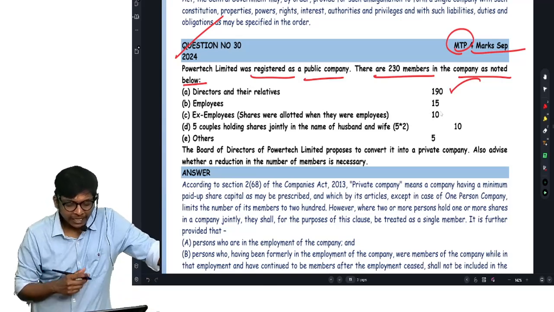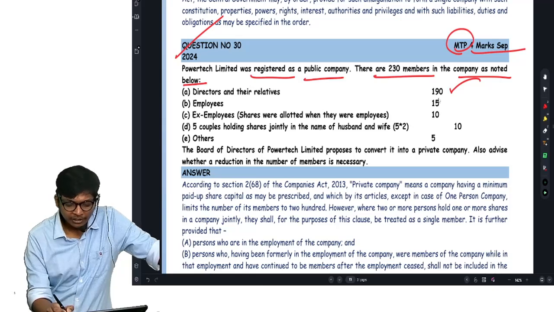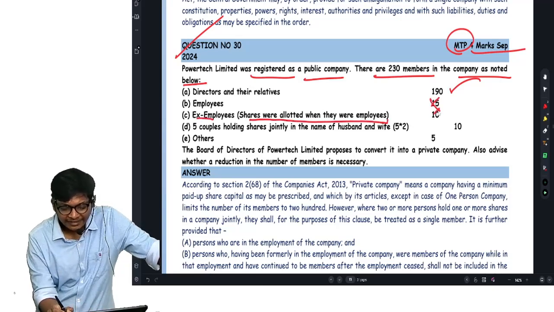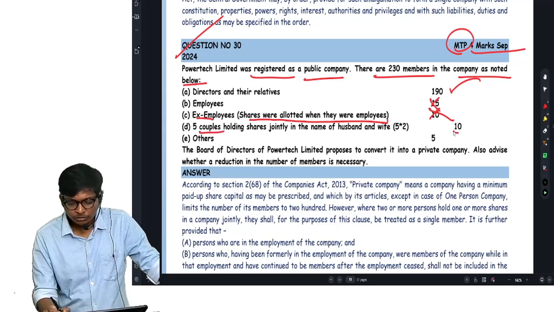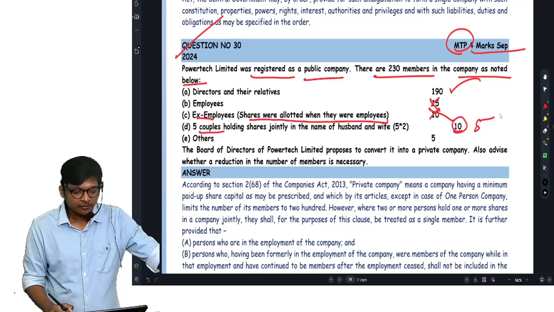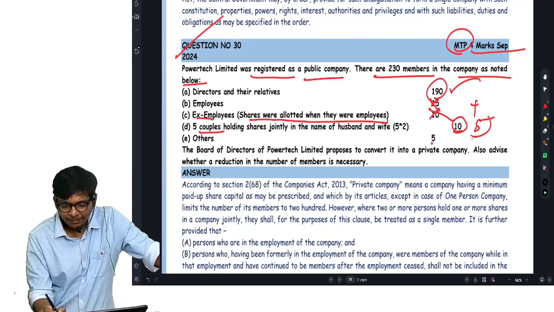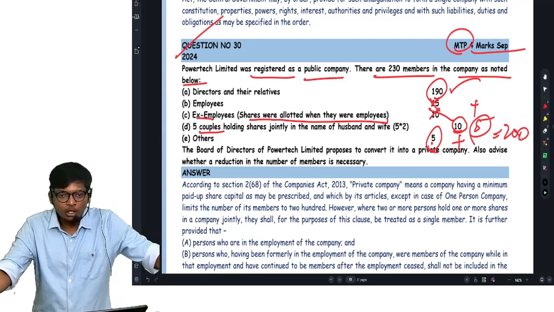Generally no. I am assuming these employees got shares when they were employees, during employment. Ex-employees, shares were allotted when they were employees, therefore I will not count. 5 couples counted as 10, I should count as 5. Others 5. So the actual count is 190 plus 5 plus 5, which comes to 200.